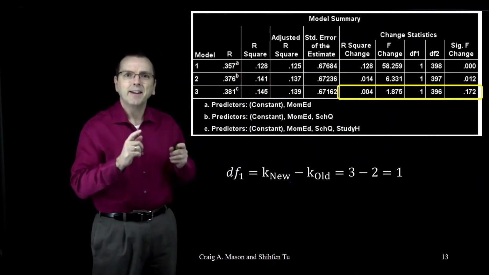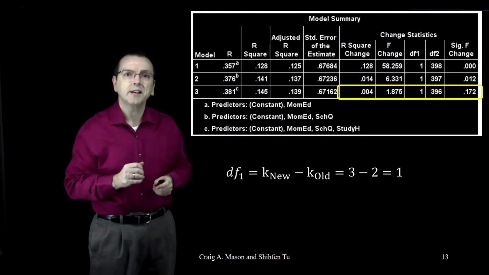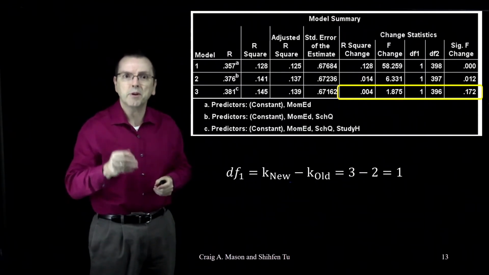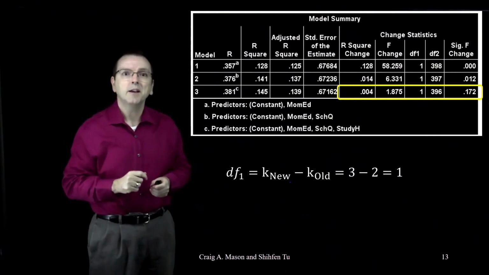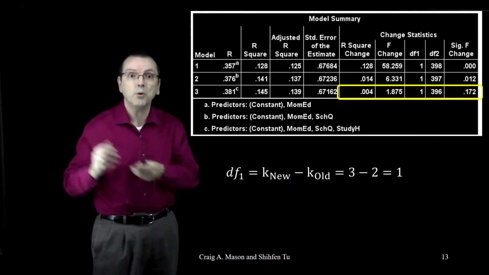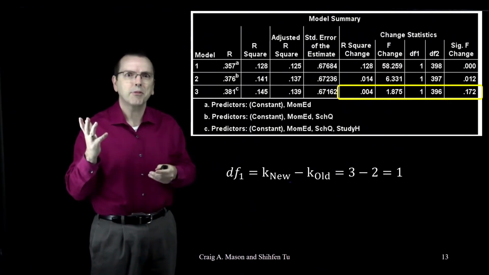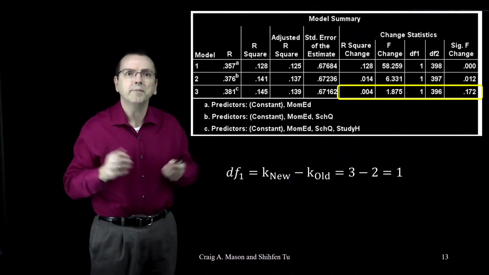Right? Now, the first degree of freedom for the F change test is the K new, the number of variables in this model, minus K old, the number of variables in the previous old model, Model 2 in this case. So that's 3 minus 2, or 1.